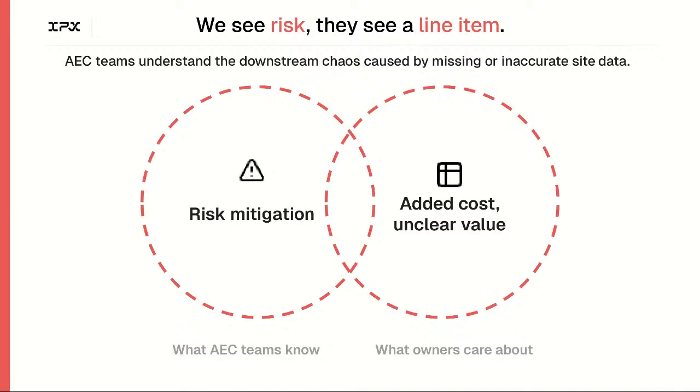Generally, every architect or engineer embraces these new technologies nowadays because they understand that there's tremendous downstream chaos that can be caused by missing or inaccurate site data. But the truth of the matter is that architects and engineers really shouldn't be the ones providing or paying for scan to BIM services, right?